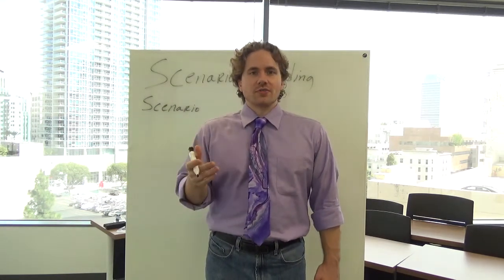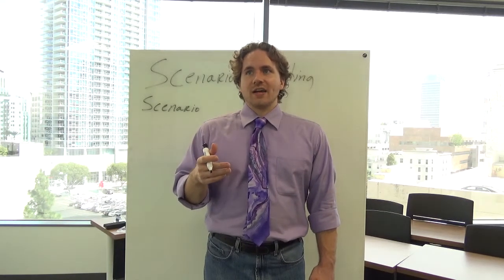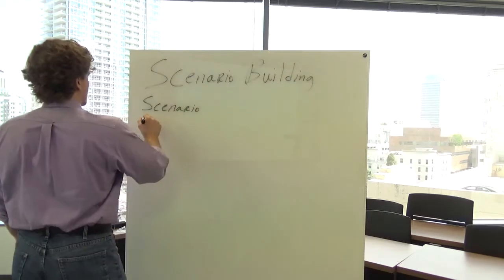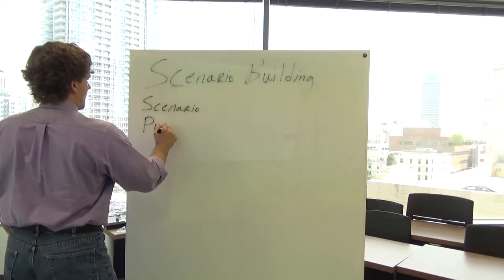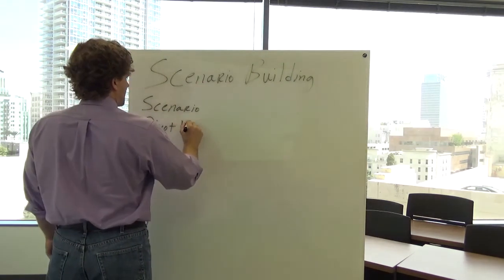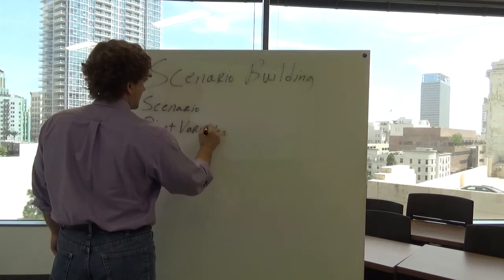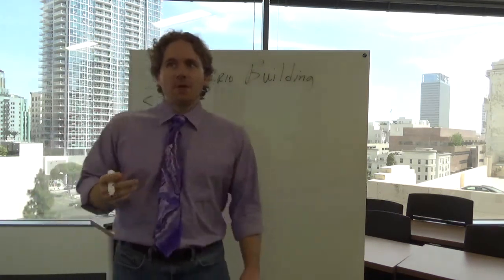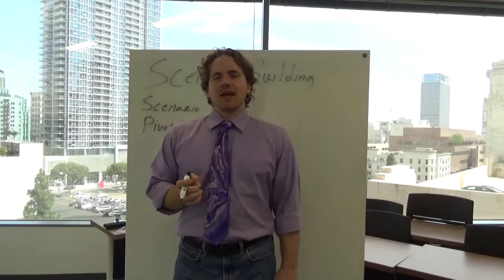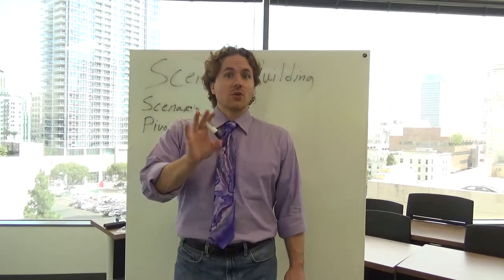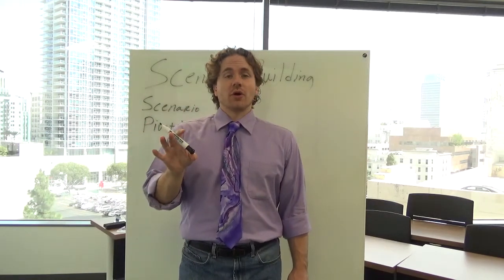Once you've got your variables set up, you will identify what we call pivot variables. A pivot variable is something that you don't know whether it's going to happen, so high uncertainty or low certainty, depending on how you draw your graphs.